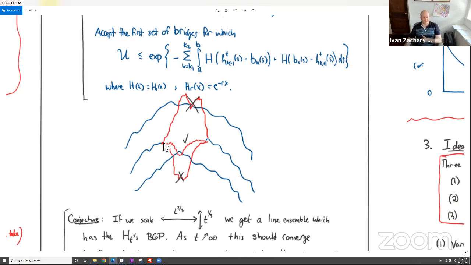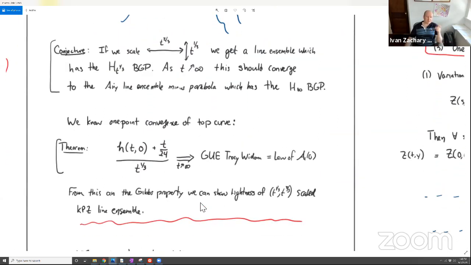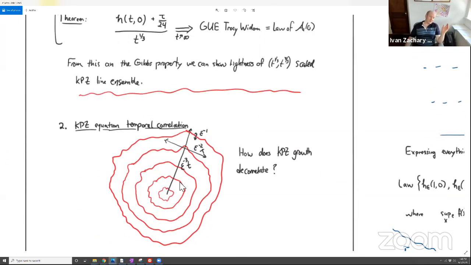The curves also interact with themselves in this soft manner. I think I wasn't clear about that earlier. But you can imagine that it's some generalization of the structure present in the Airy line ensemble minus the parabola.